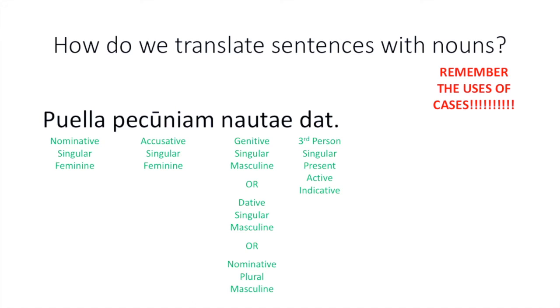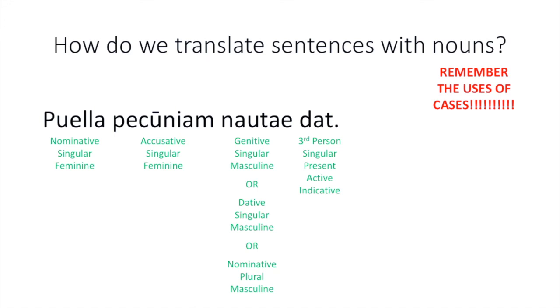So often it's helpful to find your subject because that's the first part in the English sentence word order. The subject is the nominative case. We have two words that could be in the nominative case, puella or nautai. Puella can only be nominative singular and nautai can only be nominative plural.